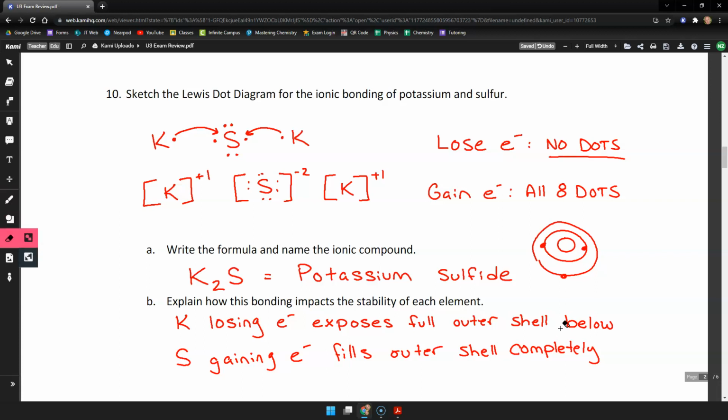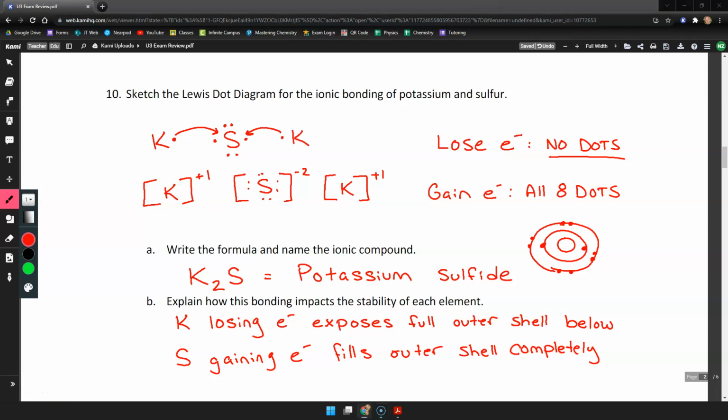So if I get rid of this 1 electron, I have a full shell right here. Okay, so it's like peeling an onion almost. All right. And sulfur had 6. It only needs 2 more, so if I gain 2 more, now I have a full outer shell.